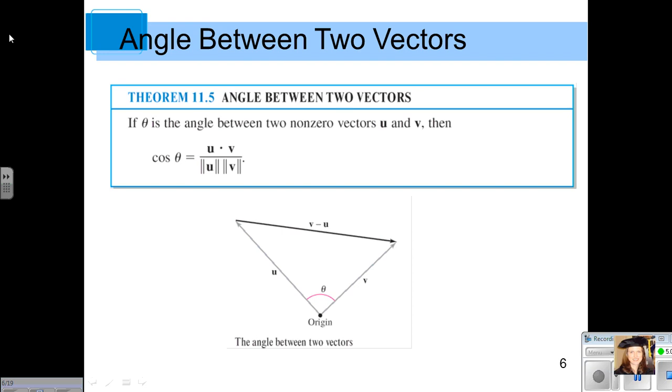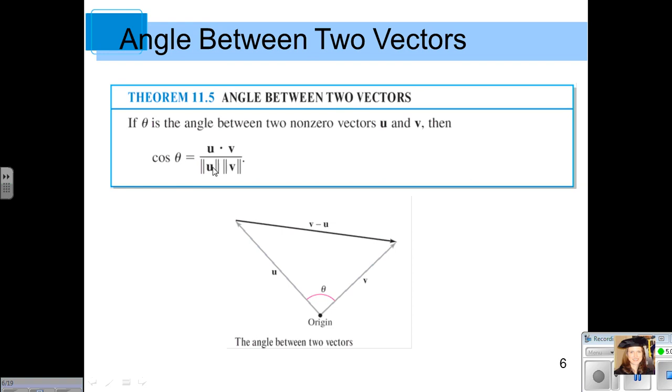Now we use that dot product to find the angle between two vectors. Theorem 11.5 is a theorem used to calculate the angle between two vectors. If theta is the angle between two non-zero vectors u and v, then the cosine of the angle theta is u dot v, the dot product in the numerator, divided by the magnitude of u times the magnitude of v.